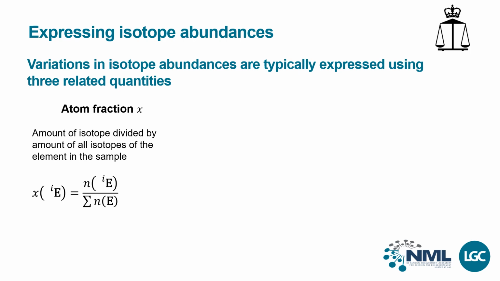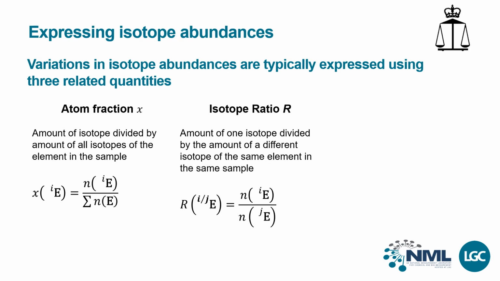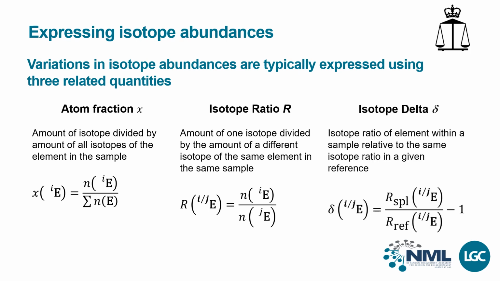The atom fraction of an isotope is also called the isotopic abundance. Secondly, the isotope ratio, which is the amount of one isotope of an element divided by another isotope of that element. Again, the isotope ratio could also be derived from numbers of atoms from the different isotopes.